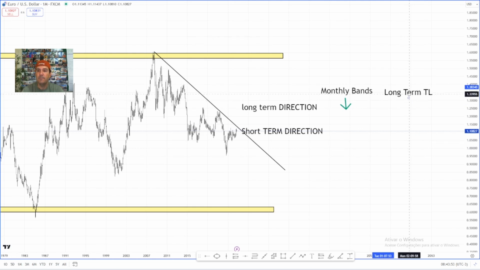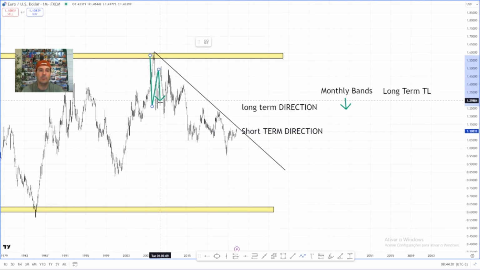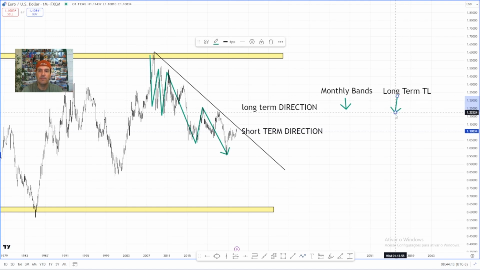All right, how is this market positioned long term? So it's a downtrend line, right? And we can see extension, retracement, extension, retracement, extension, retracement, extension. So the market is making lower lows, lower highs. So the long-term direction on the long-term trend line is down.